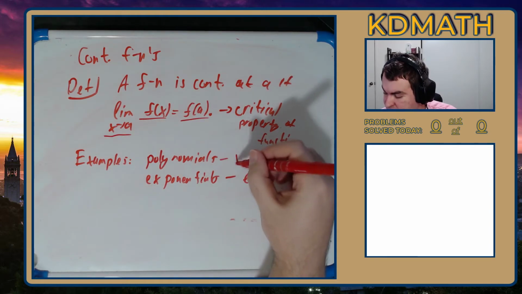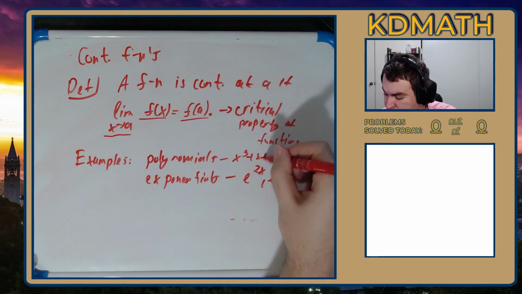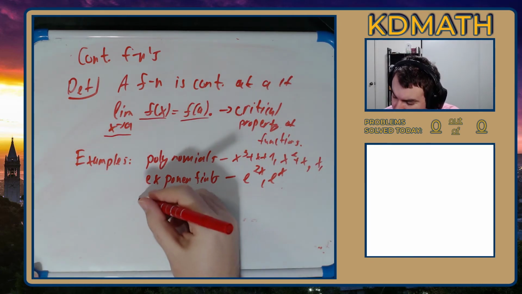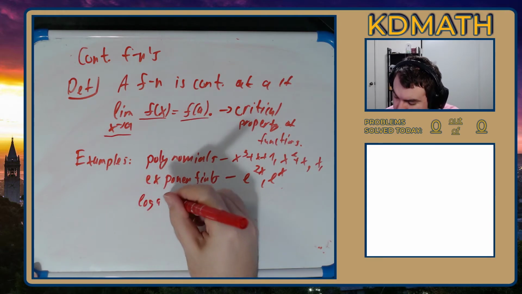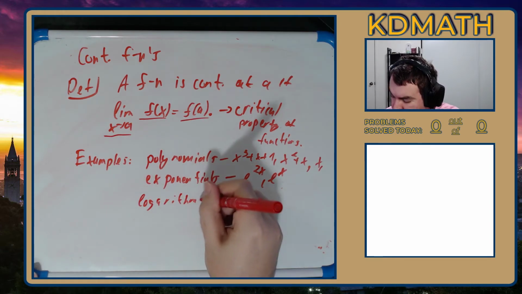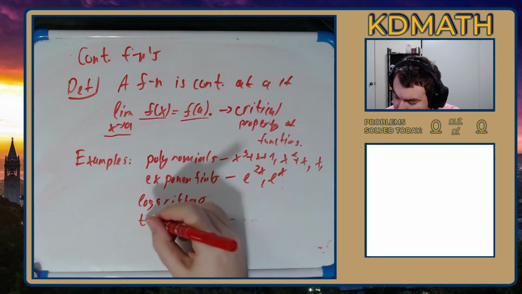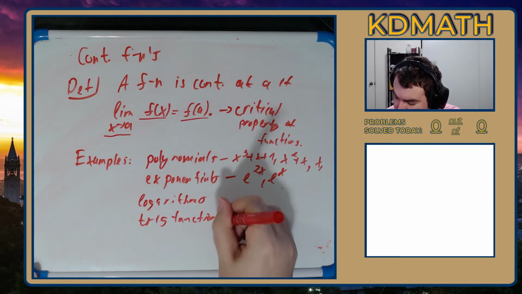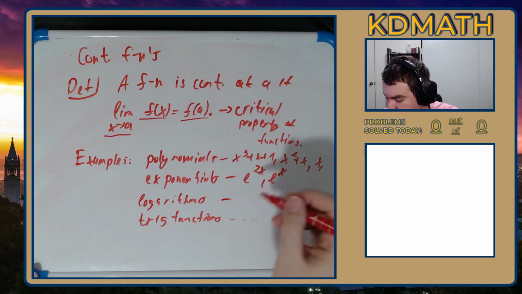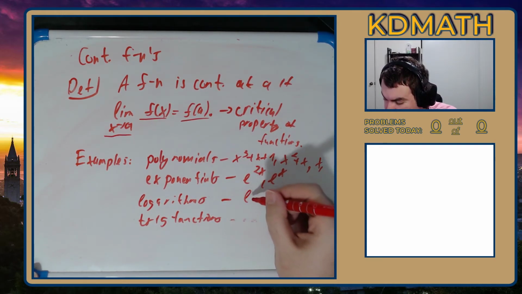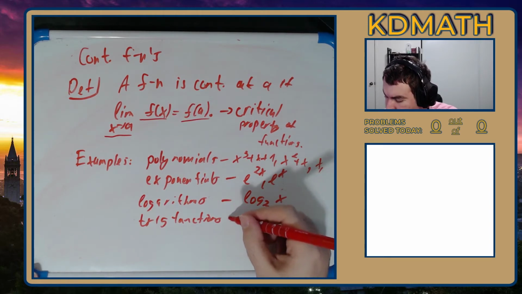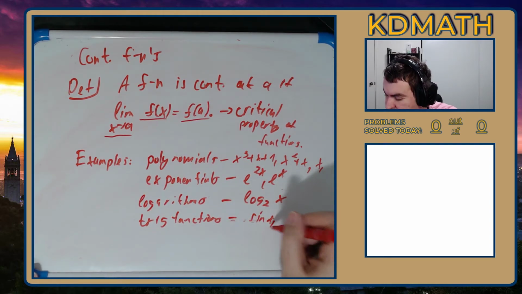Polynomials, what is a polynomial? x cubed plus x plus 1, x squared plus x, x, etc. Logarithms and trig functions, they're all continuous. So say log base 2 of x, or sine of x, cosine of x.